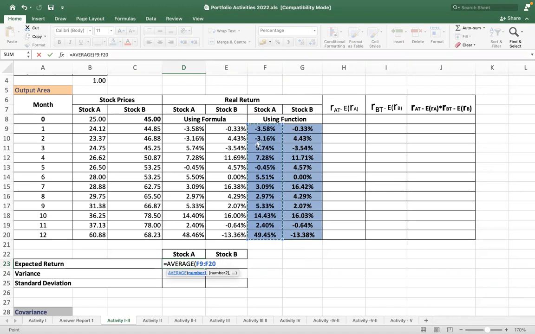I just prefer to use the function because it's much easier than the manual. Because if you miss one bracket in the manual, you will be given the wrong answer.